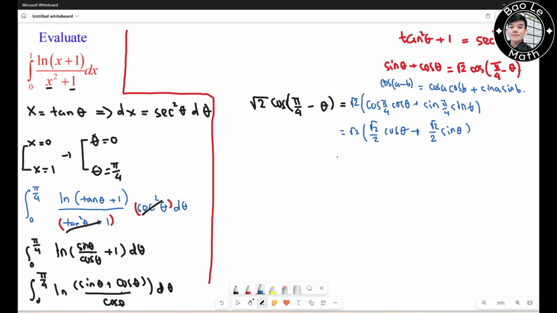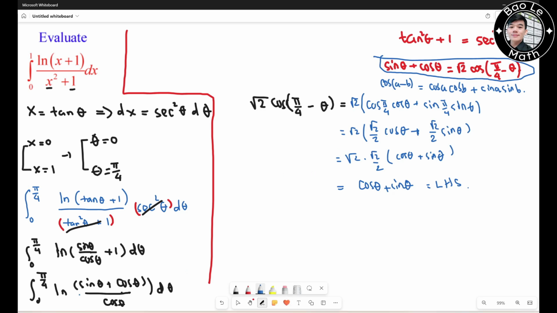Now I factor root 2 over 2 outside, so it's root 2 times root 2 over 2 times (cosine theta plus sine theta). Root 2 times root 2 is 2, and 2 divided by 2 is 1. So the answer is cosine theta plus sine theta, which is the left hand side.